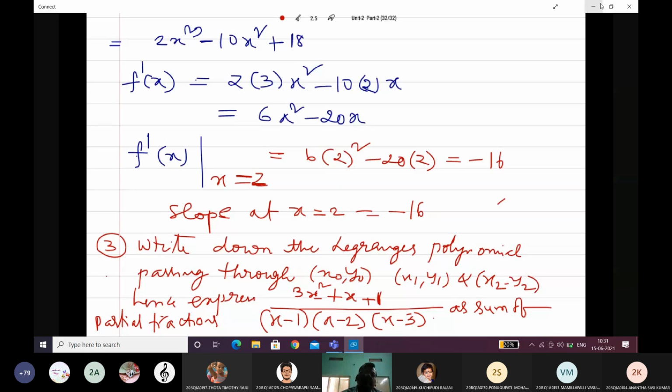Now, first, as usual, we have to find out the 3 points are given. Therefore, we get a quadratic equation, right? x0, x1, x2, y0, y1, y2.